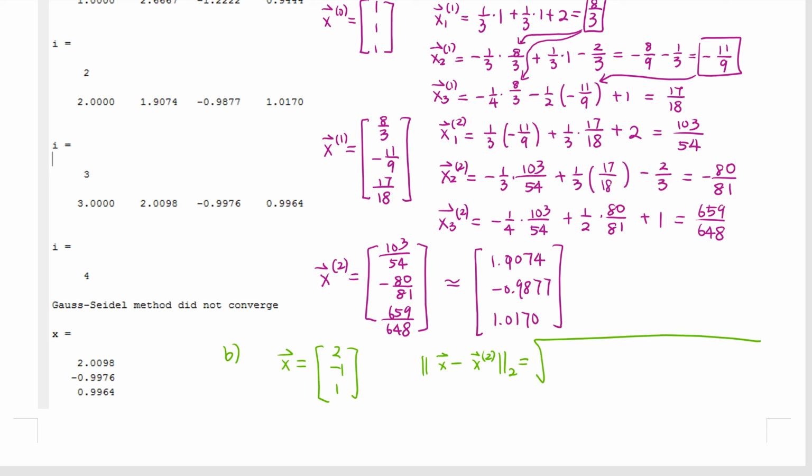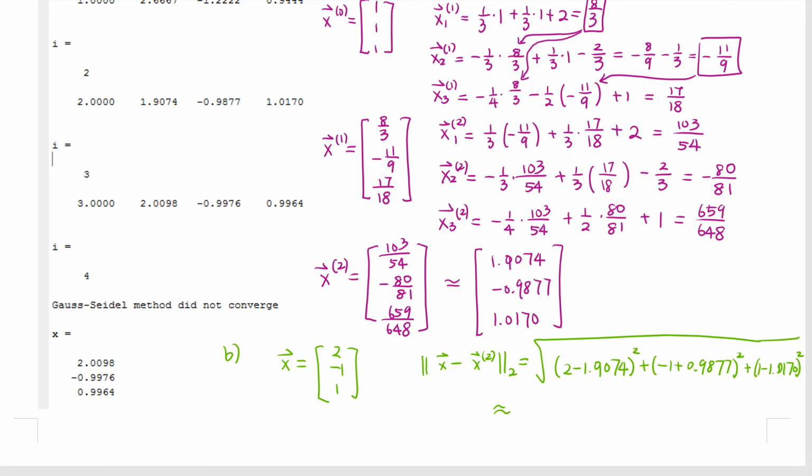Square root of 2 minus 1.9074 squared, plus minus 1 minus negative becomes plus 0.9877 squared. And then 1 minus 1.0170 squared. And what is that answer?